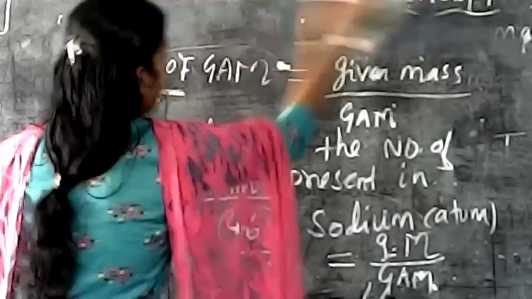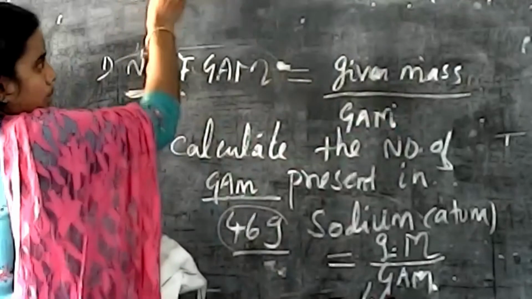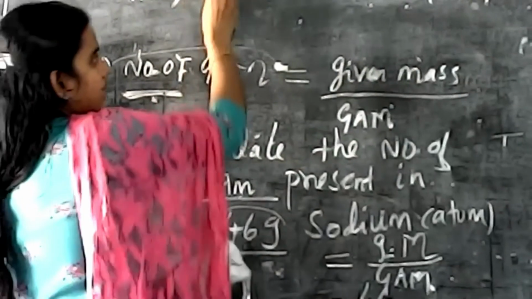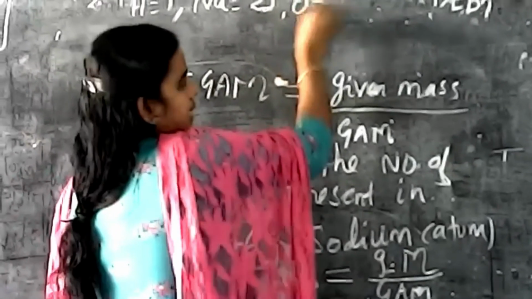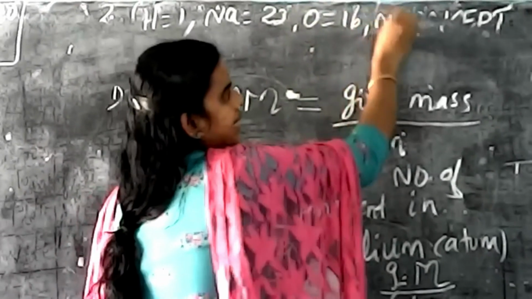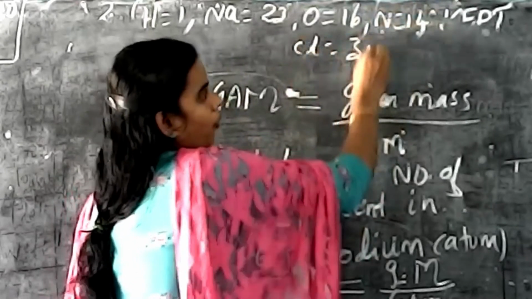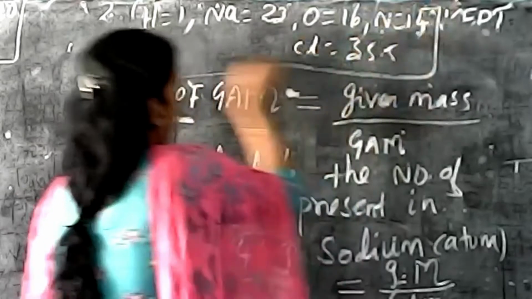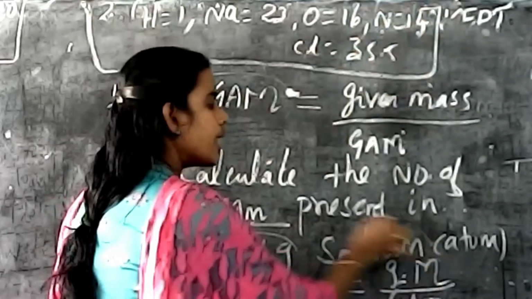Hydrogen has atomic mass 1. Sodium has atomic mass 23. Oxygen 16, nitrogen 14, chlorine 35.5, etc. So here we have the sodium atom.